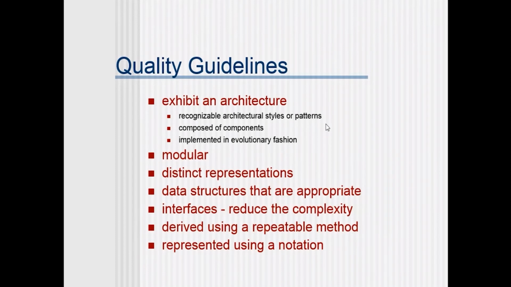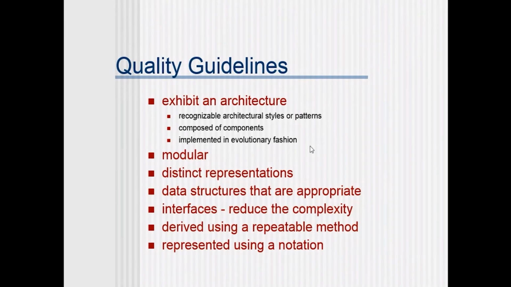Apart from that, software design should exhibit an architecture that has been created using recognizable architecture styles or patterns. It should be composed of components that exhibit good design characteristics. It can be implemented in an evolutionary fashion, right?